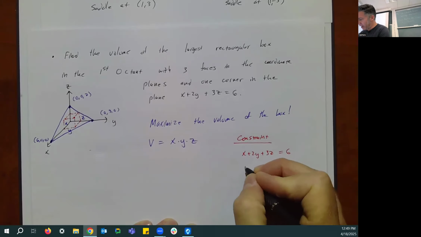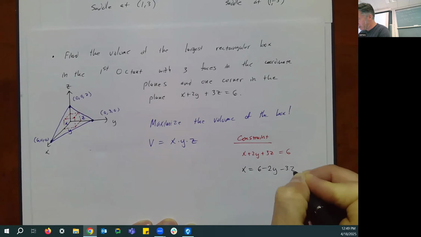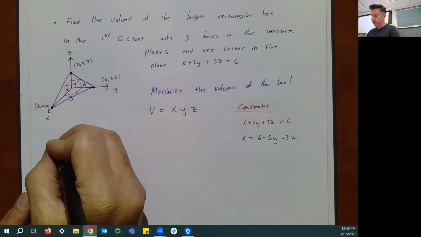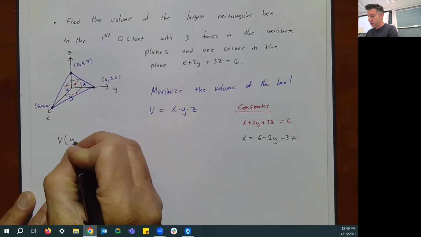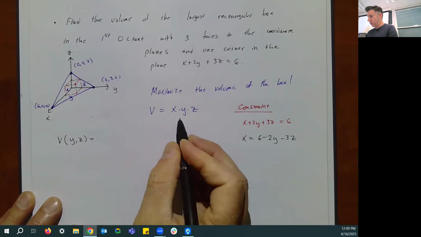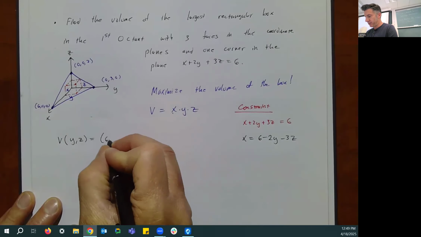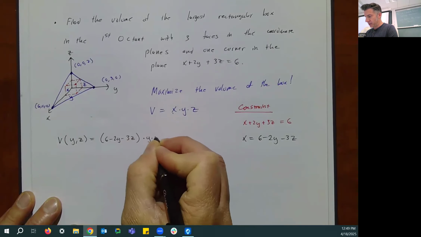So we're going to say that x equals 6 minus 2y minus 3z, and we're going to plug that in for x here. So our new volume equation as a function of just y and z is going to be equal to what was x, which is now 6 minus 2y minus 3z, times y times z.